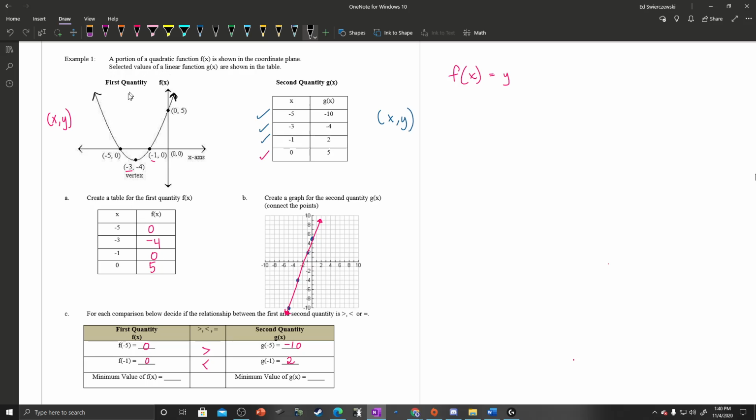So this function f of x, because these keep going in the up direction, is not going to have a maximum, but I do have a minimum because this graph looks like a valley. So my minimum will be this point right here, negative 3, negative 4. So the minimum y value of this function is negative 4.